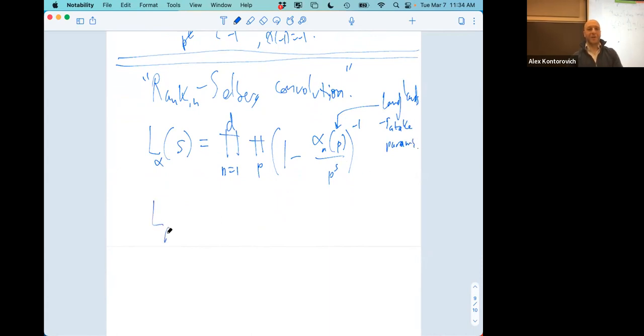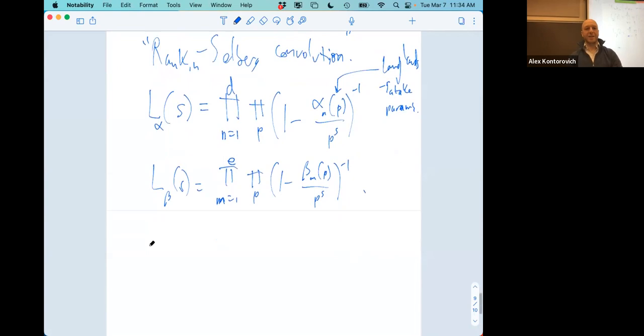And if we have another L function, L beta of s, which is degree E. E is not a bad letter to use for degree, is it? Let me make it E. Actually, my L's and E's are pretty similar, so you can take that to be an L if you prefer. Beta sub m, with m ranging from 1 to E, so that beta m of p over p to the s, inverse.